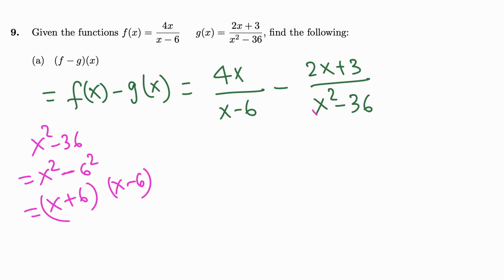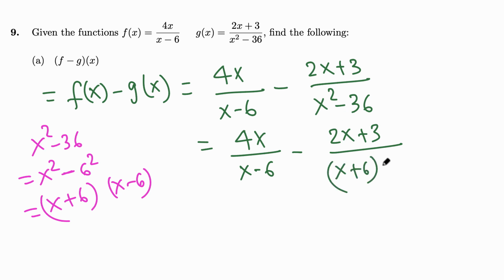So before we find the common denominator, that is in fact 4x over x minus 6 minus (2x plus 3) over, when we factor this, we get (x plus 6)(x minus 6).